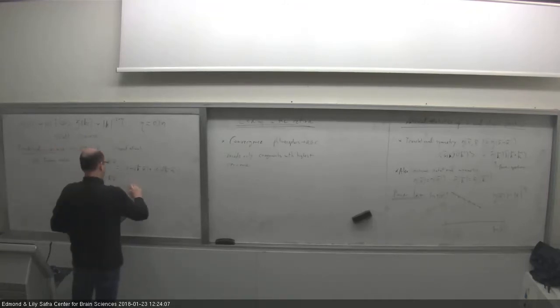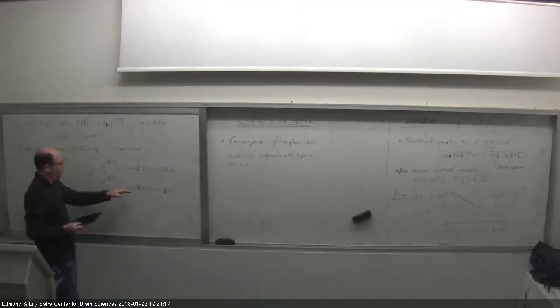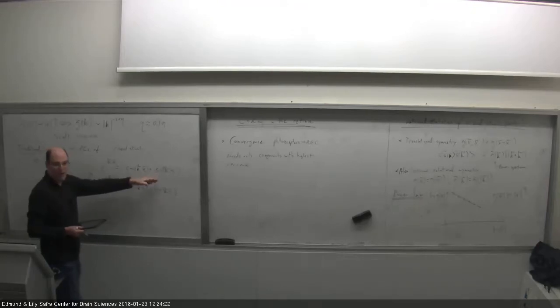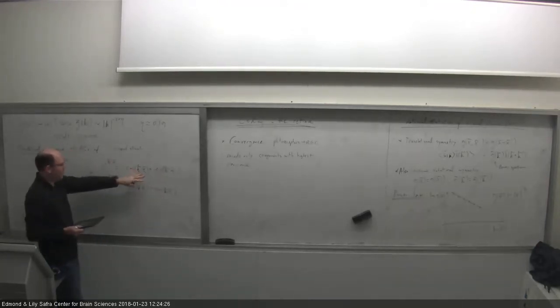Since this one is cosine kx minus i sine kx, the sum of these 2 functions is also a principal component. And the difference between these 2 functions divided by i is also a real function, and it is the sine. So we can construct the different phases of the oscillation by different combinations of these 2.